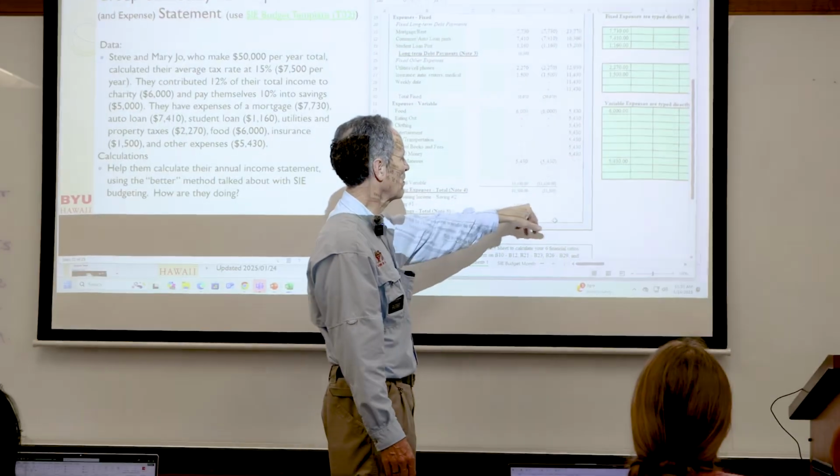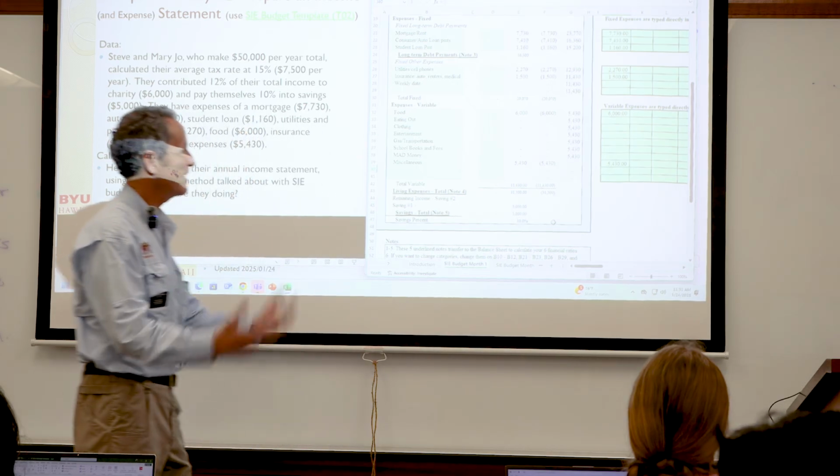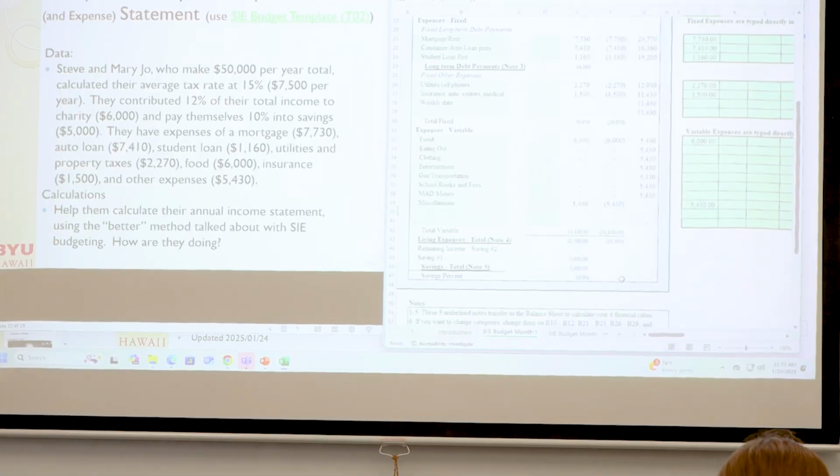It would have something there. But in this case, she spent exactly the same. Okay, is it hard to put this together? No. But you notice when you do your budget, you're actually doing a budget and an income statement. And then the difference tells you, okay, how well did you plan?